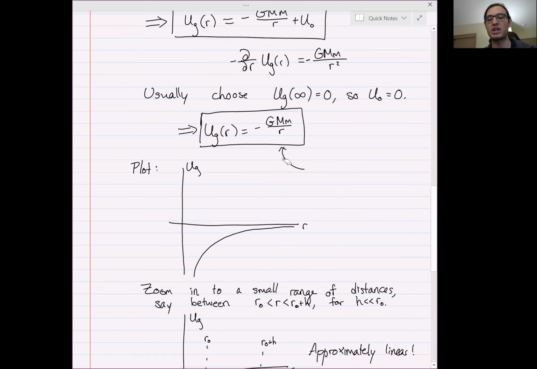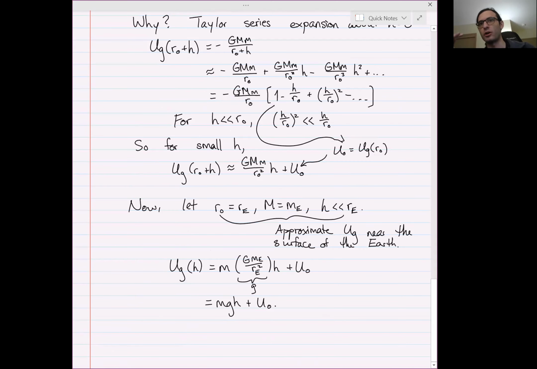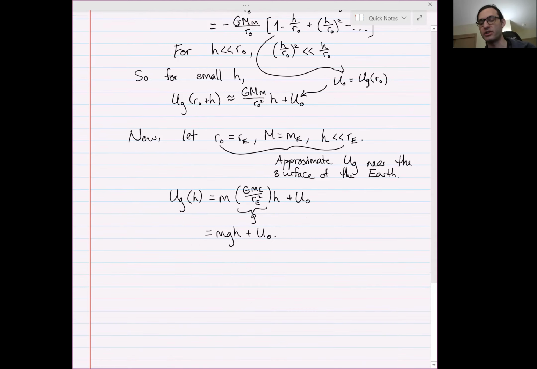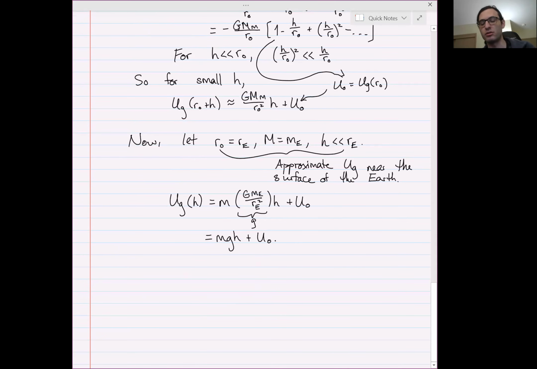If you take this potential energy and expand it about the distance being the radius of the Earth, or equivalently about the height above the surface of the Earth being small, and then you plug in the standard parameters for the Earth, you end up getting precisely that U sub g, potential energy as a function of height above the surface of the Earth, is just mgh plus some constant.